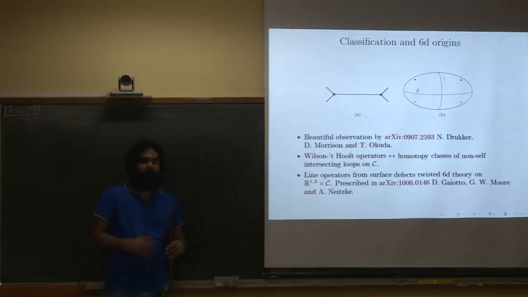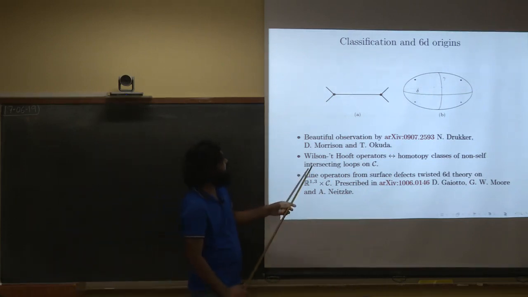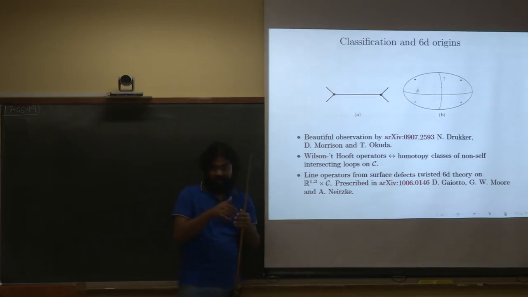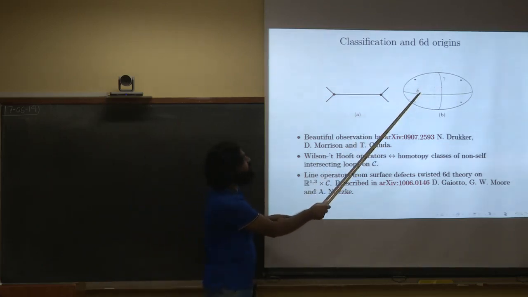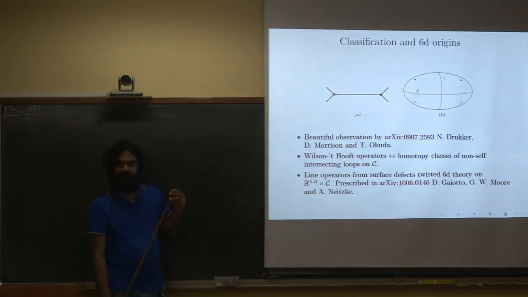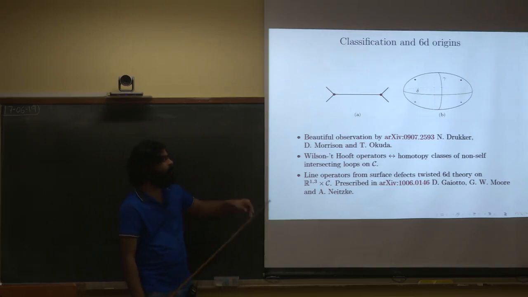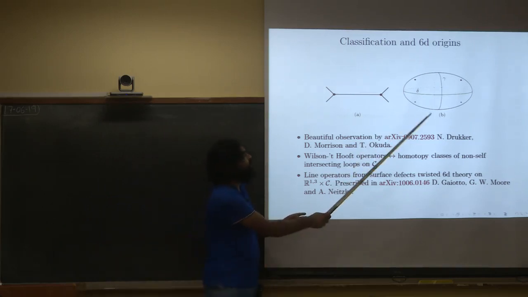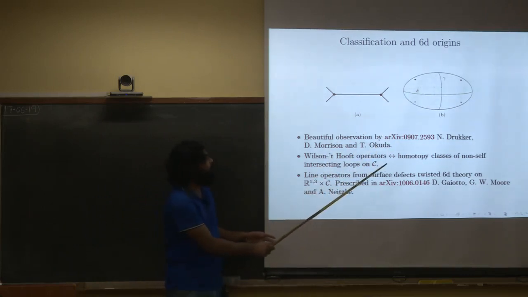So topologically speaking, they classified all the line operators occurring in class S theory based on their electric and magnetic charges, the way the curve is wound over this Riemann surface. There is an entire description of generating electromagnetic line operators based on the winding prescription described here.